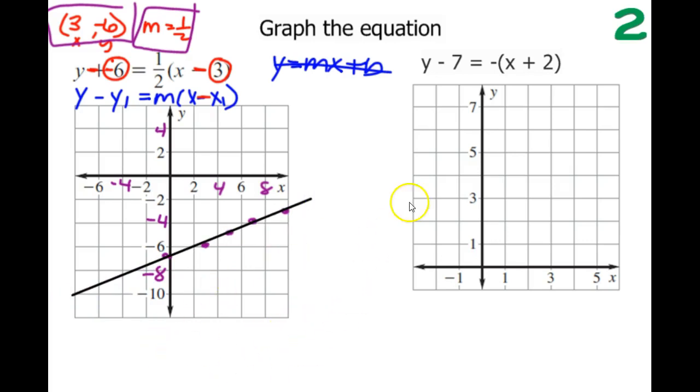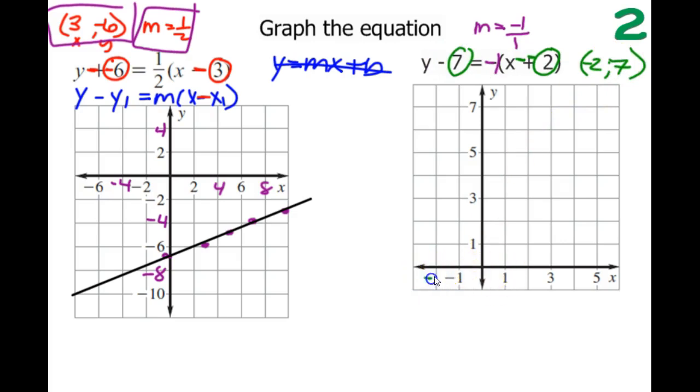Let's try the second one, same thing. The negative here, this is really a negative 1, so our slope is negative 1 over 1. And our point, x y, x is with the 2, but in order to get that positive, there would have to have been a negative and a negative, so x is negative 2, and y is just 7.